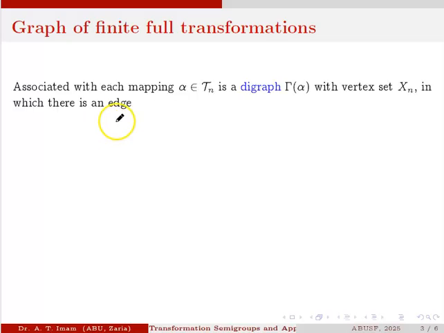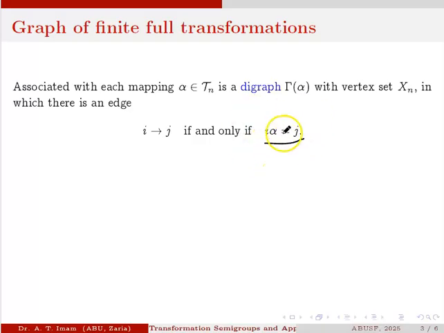Now looking at an alpha in Tn, we can associate with each such alpha in Tn a directed graph, gamma alpha. And this directed graph has as vertex set the set Xn, and in the graph there will be an edge from a point i to j if and only if j is the image of i under alpha.